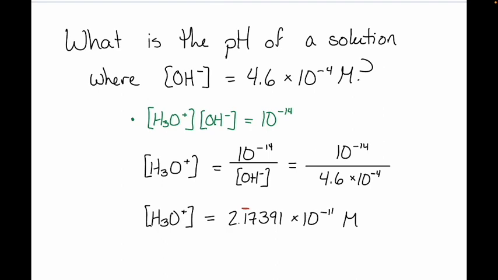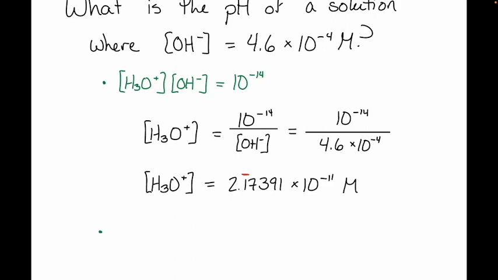So now in order to get hydronium ion concentration, I used that auto-ionization relationship. And now in order to get pH, I'm going to use the fact that pH equals the negative log of that concentration.